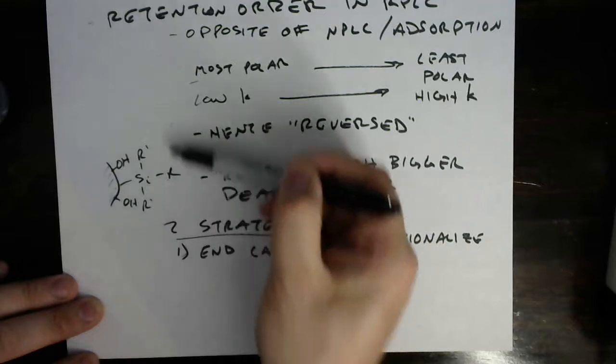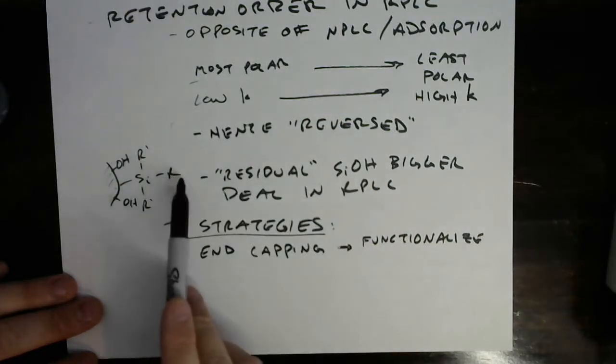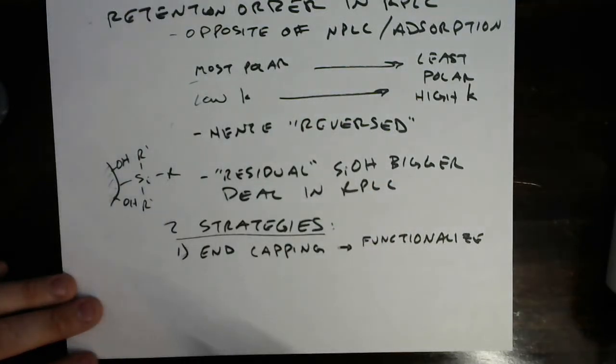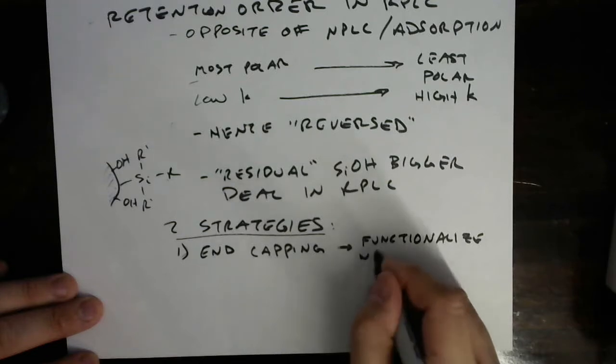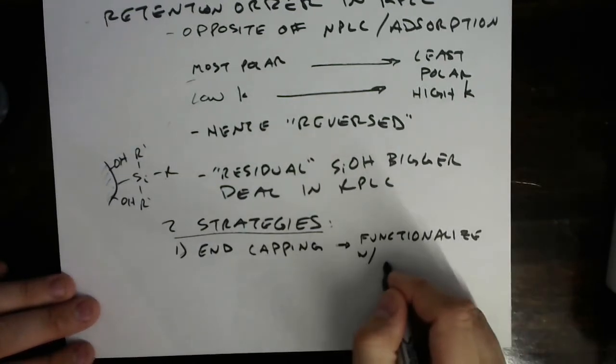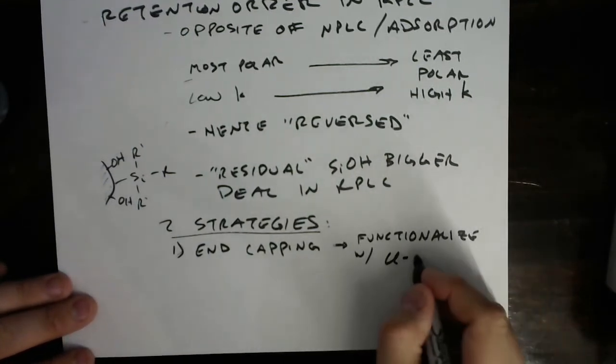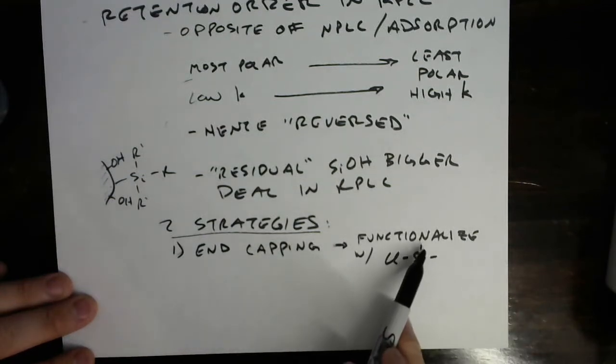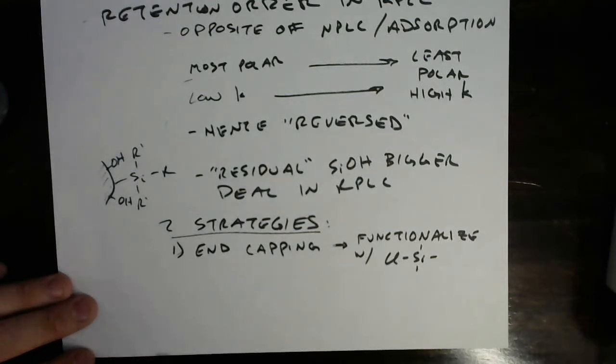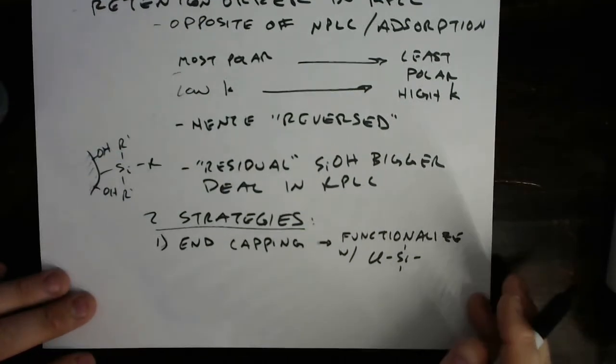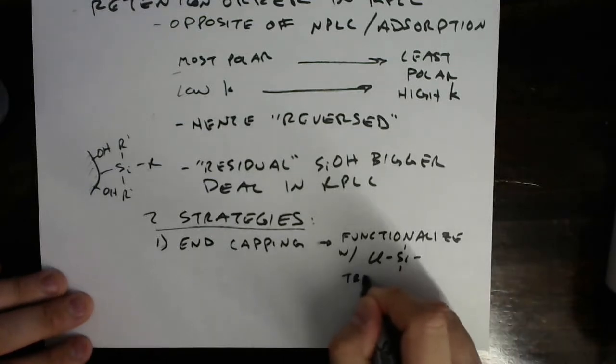So after you've done your full addition of what your C8 or your C18 or whatever, with a chlorosilane. So here's our chloro. Here's our silicon. Trimethyl, right? So this is just meant to imply CH3, CH3, CH3. Trimethylchlorosilane. Let's give it that name.